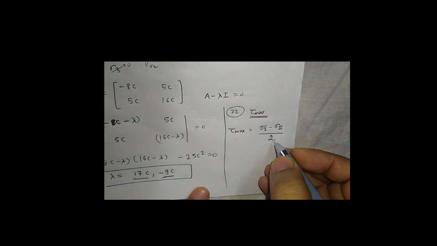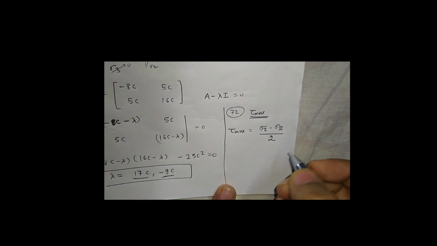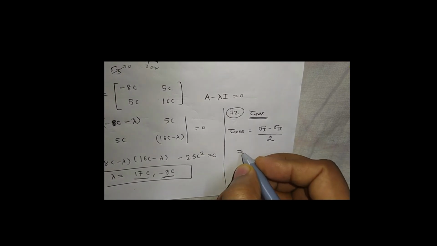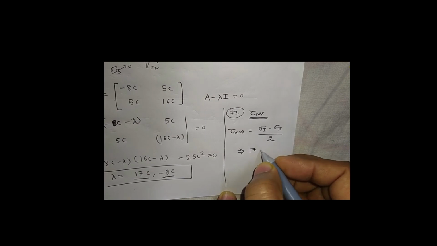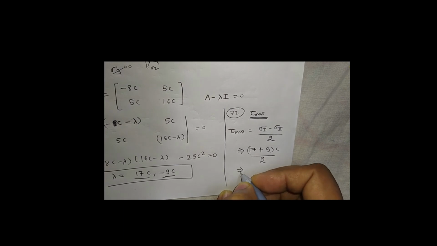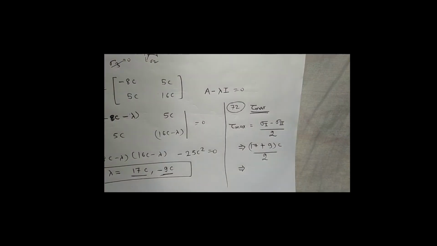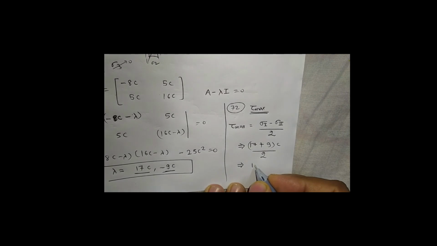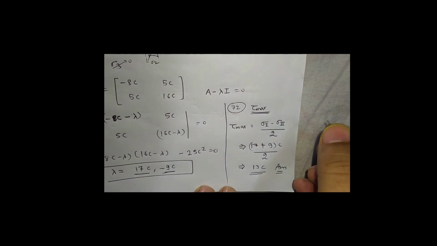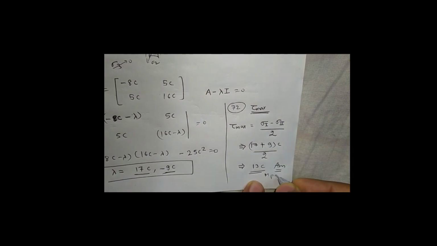Here (17 plus 9)c divided by 2. We will get the answer 13c. Option C is correct, in megapascal.